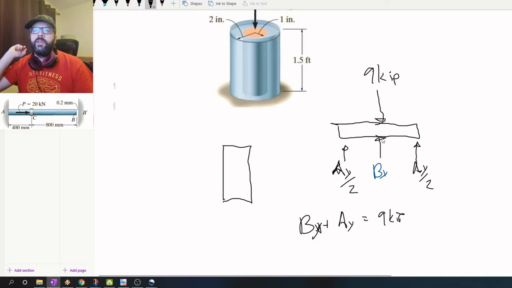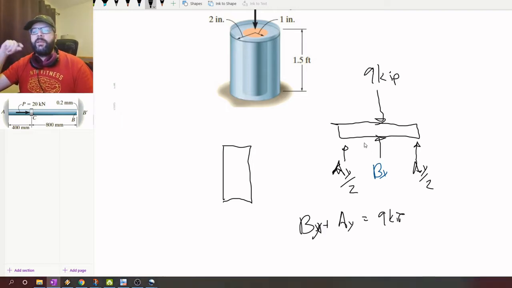Because essentially, if we took a moment to try to resolve that, because these both act through the same point, all you'd end up with would be Ay over 2 is equal to Ay over 2, which we already knew.